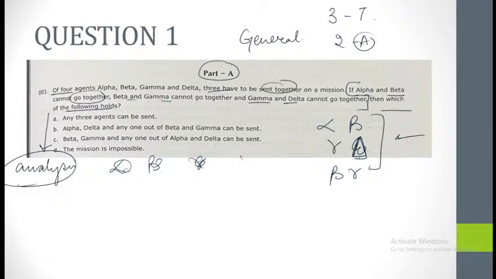Read the question properly, you will get the answer. It's very simple. You just need to keep in mind all the possibilities given to you. Get the answer everyone. Mark the answers in the chat section itself.